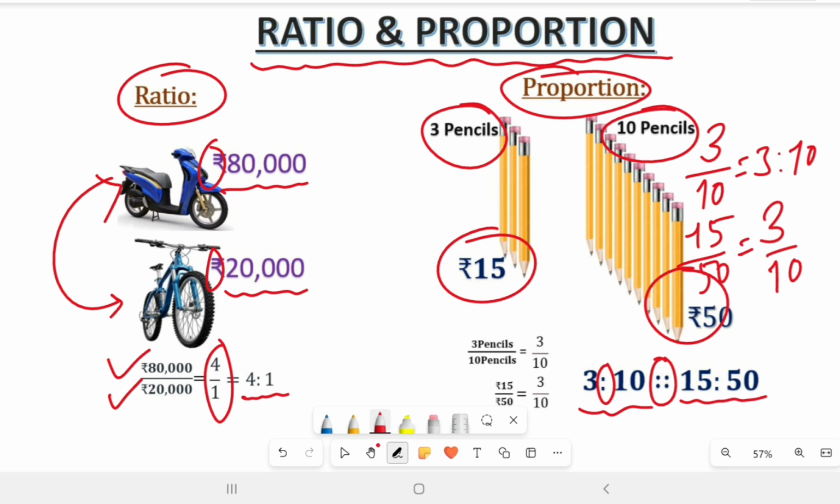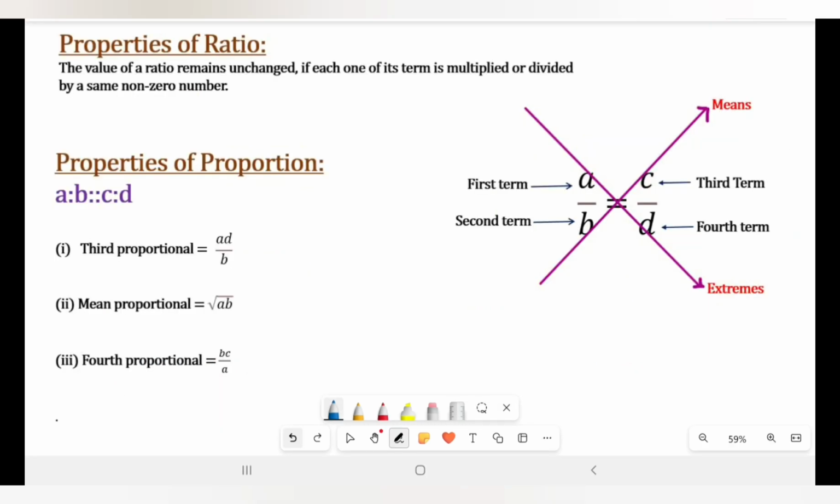All right, let us move to the next section to discuss the properties of ratios and proportions. In properties of ratios, the value of a ratio remains unchanged if each of its terms is multiplied or divided by the same non-zero number. Let us say the ratio is 1 by 2. If we multiply by the same number 2, it is equal to 2 by 4.